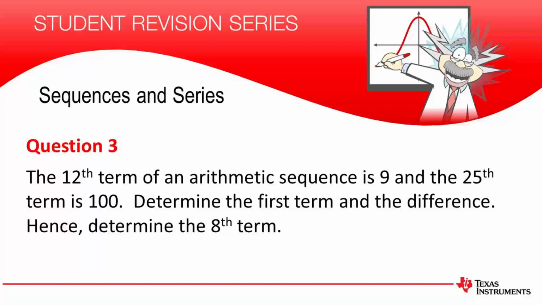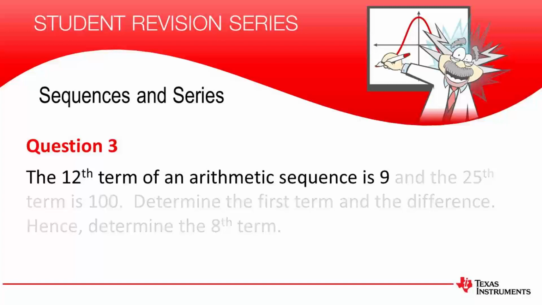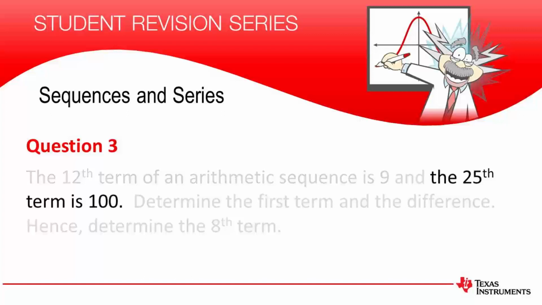Now, because we've got some information here and you've got to determine the first term and the difference, I often say to the students, two unknowns, so maybe 2 equations, 2 unknowns. So let's define the actual arithmetic sequence term.